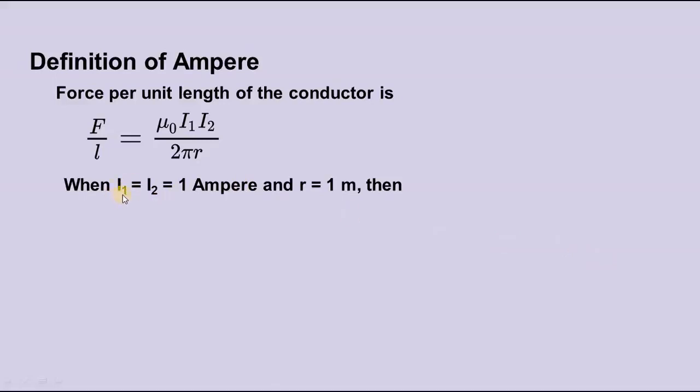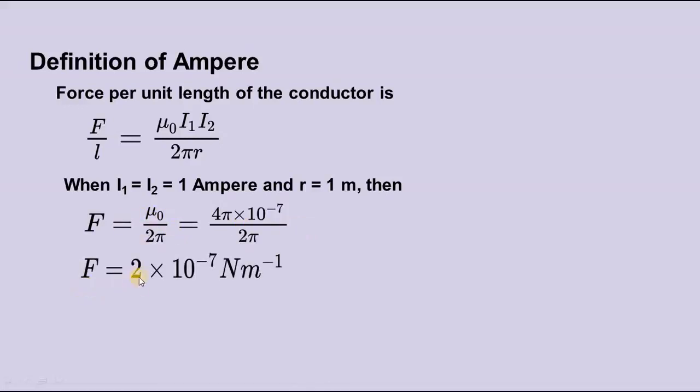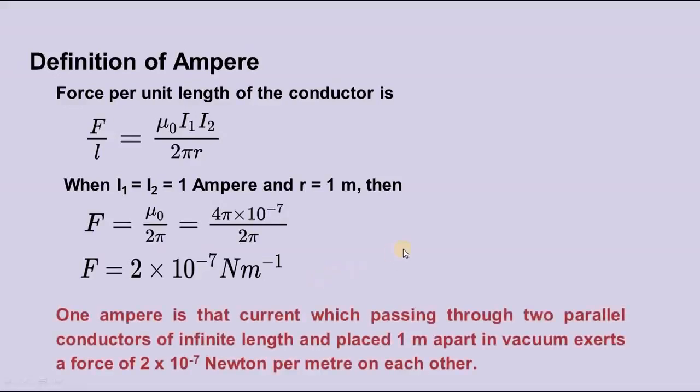Let us assume that when I1 and I2 are equal to 1 and r equal to 1, then F is equal to mu0 by 2 pi, mu0 having the value 4 pi into 10 raised to minus 7. This simplifies to 2 into 10 raised to minus 7 Newton per meter.